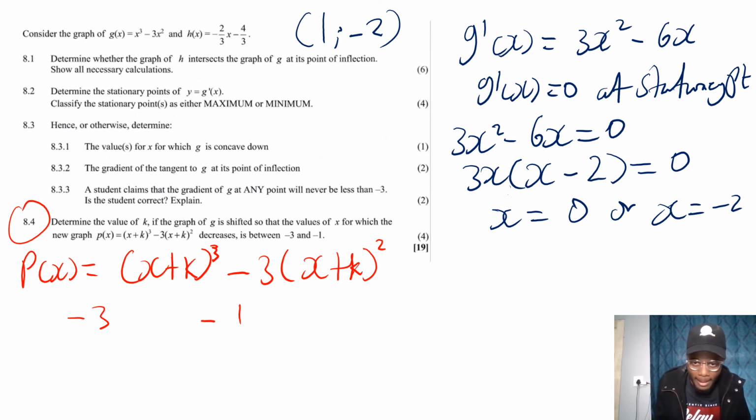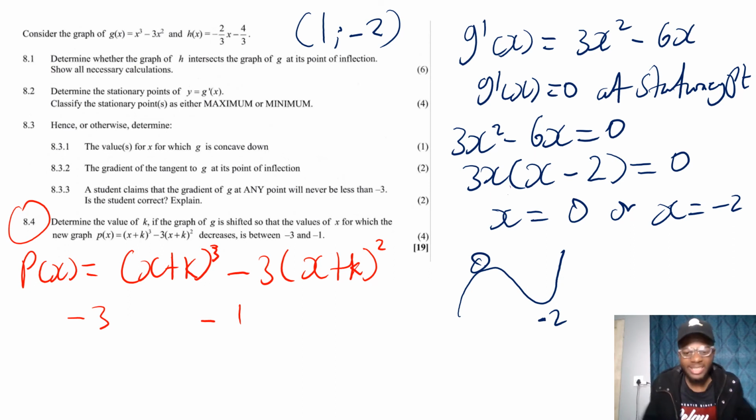So let's rough sketch g of x. It's a cubic function, so it will be like this. Here will be 0, and here will be 2. I'm just writing the corresponding value of x only. Don't worry about the value of y.